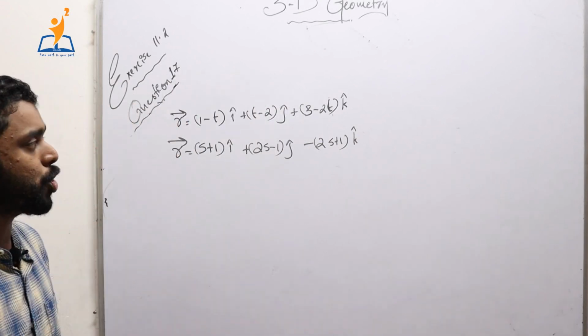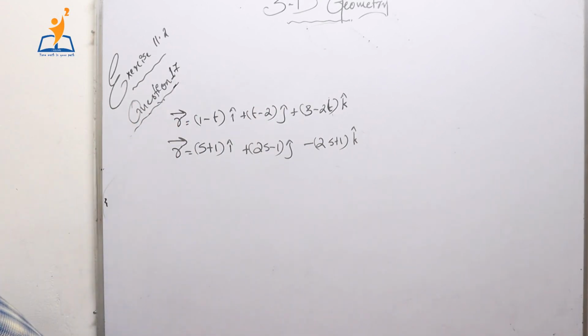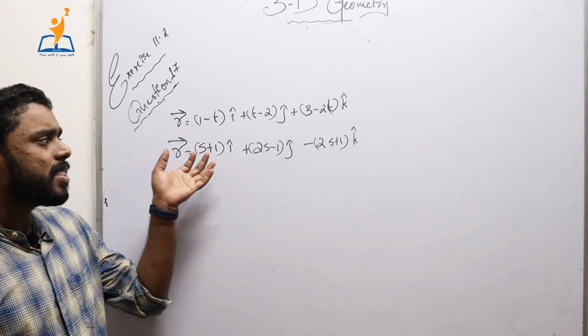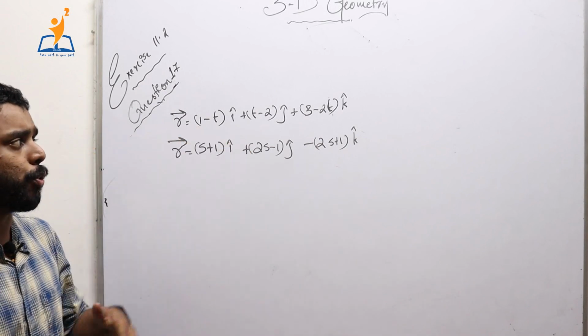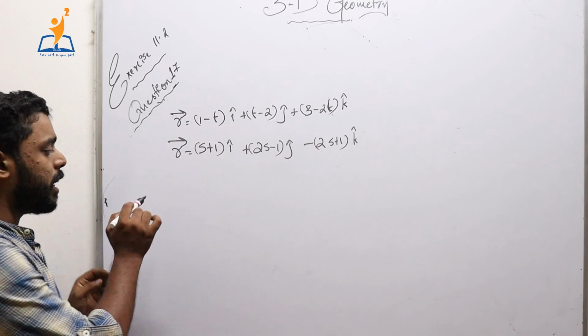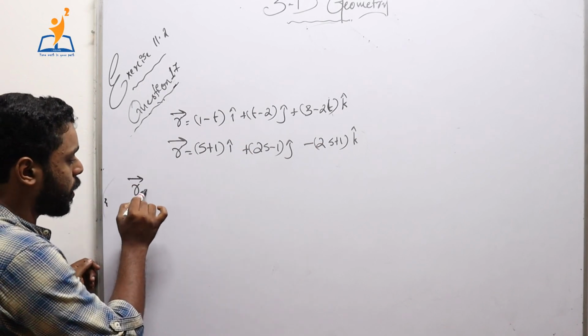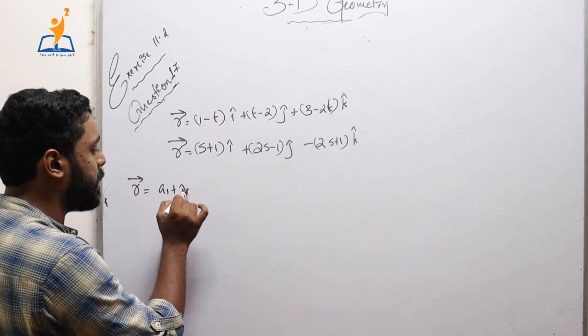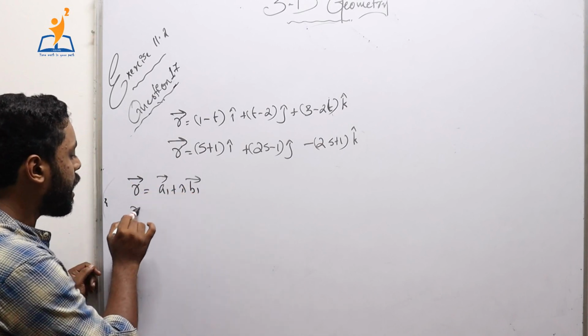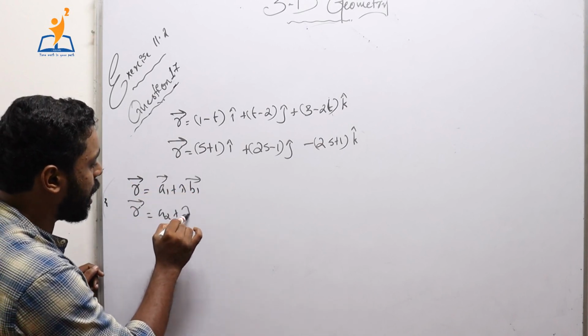So we have to find the shortest distance between these two lines. Now this form is a new format for you. We have to convert this form into the standard form. We know that the standard form is nothing but r is equal to a1 plus lambda b1 and r is equal to a2 plus lambda b2.